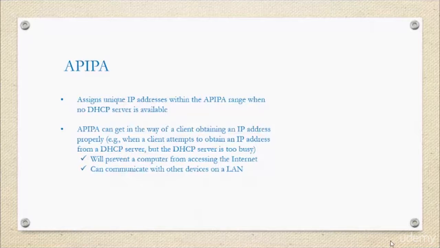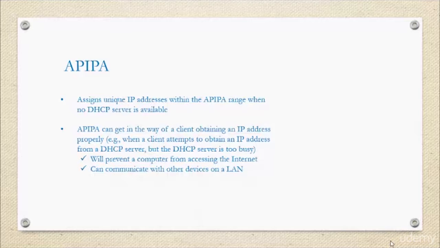APIPA is another networking service that makes things really nice for us. It assigns a unique IP address which starts with 169 when there's no DHCP server available, right? So APIPA can cause some troubles too, because if you have an APIPA address, it makes it difficult for us to obtain IP addresses properly from the DHCP server sometimes, right?